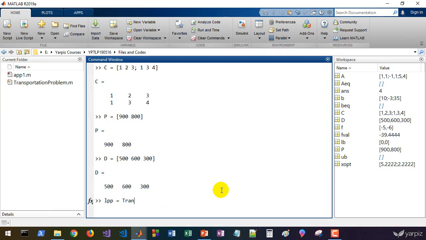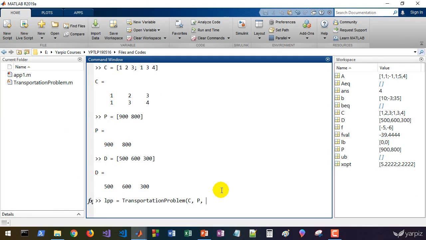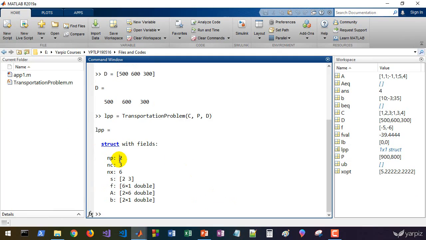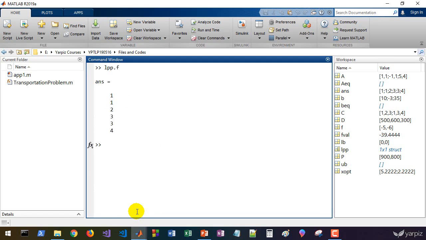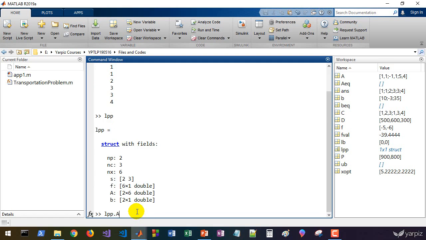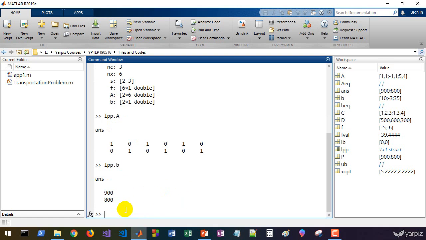We need to save this transportation problem using C, P, and D. Okay, this says that we have 2 providers. It's correct. 3 consumers, 6 decision variables, and the final decision variables should be in this shape. And we have lpp.f and we have lpp.a. You see that it is exactly what we want, and lpp.b.